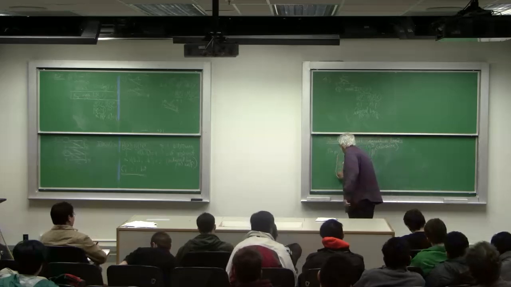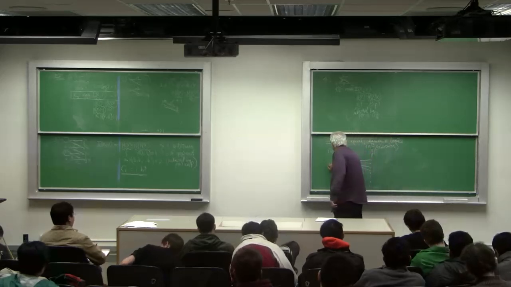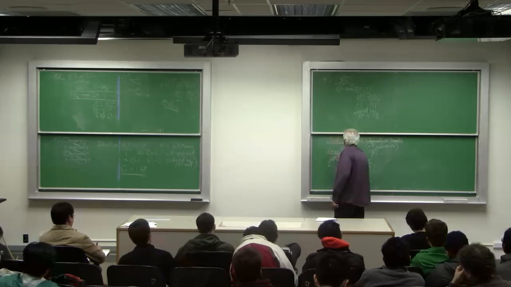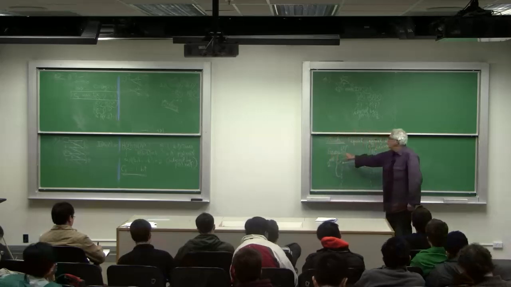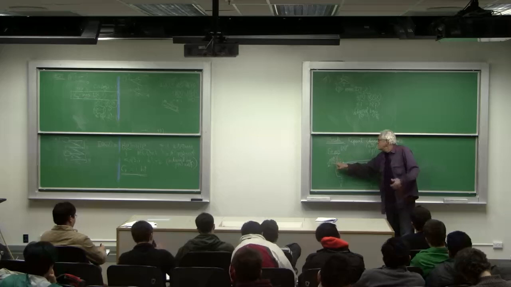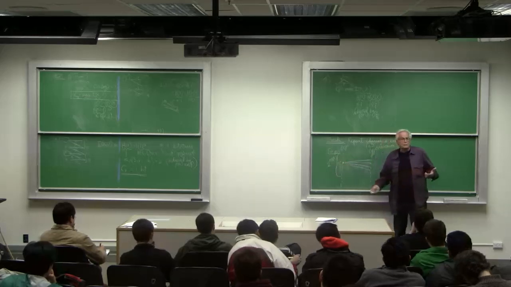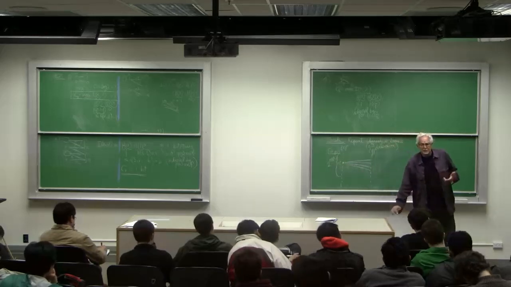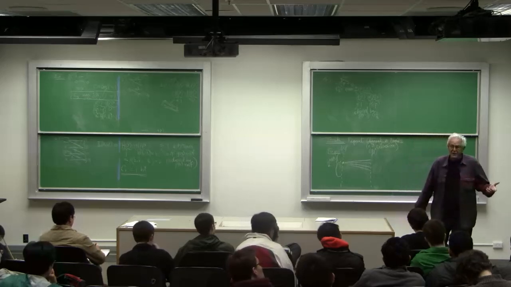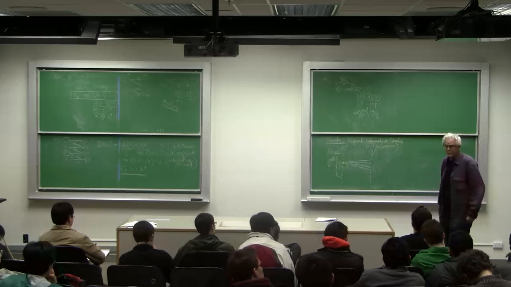So how many typical ones are there? 2 to the n H of X. So once I've fixed the input distribution P of X, I now have 2 to the n H of X typical input sequences. Typical means their probability is what they should be, 2 to the minus nH plus or minus epsilon.